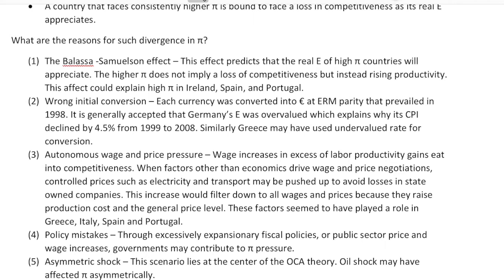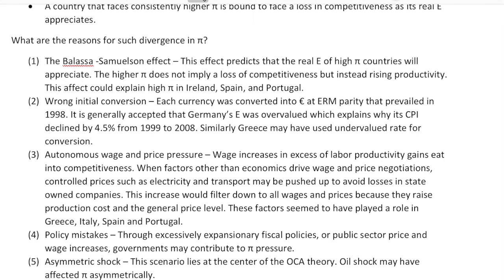The second component could be that when they converted from their own currencies to euro in 1999, each currency was converted into euro at the ERM parity levels that prevailed in 1998.